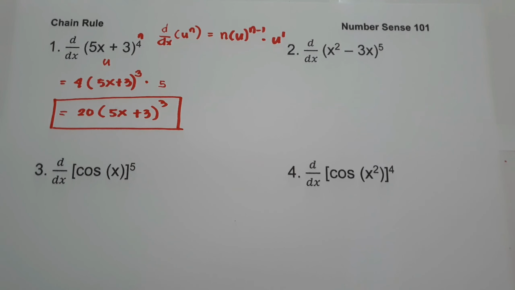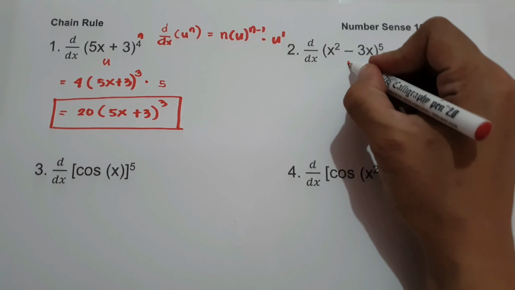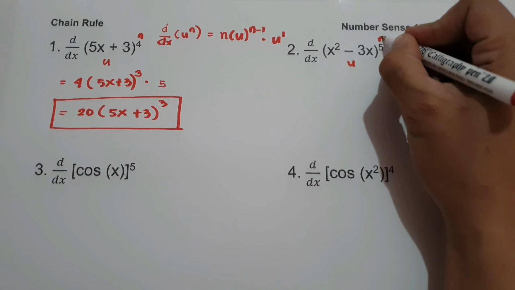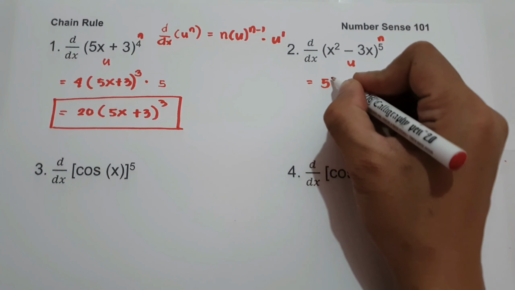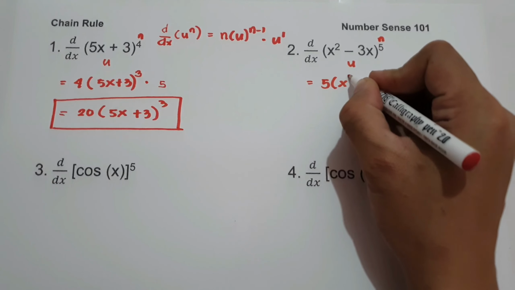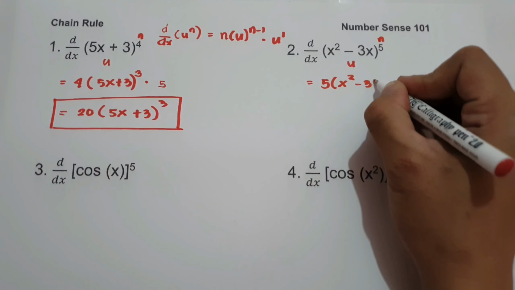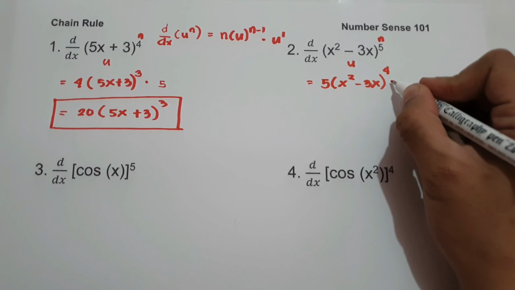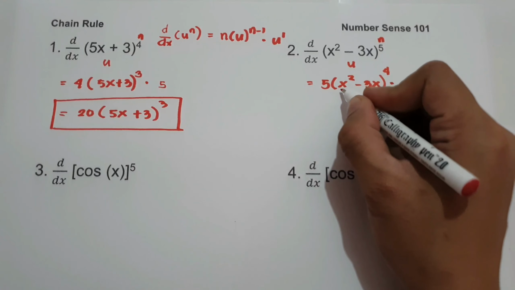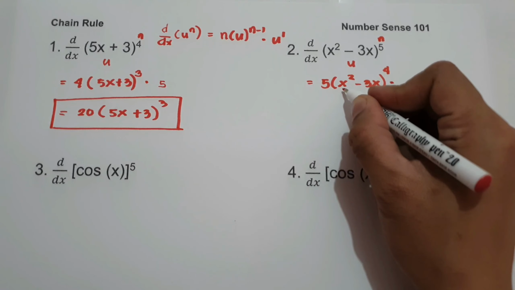On number 2, what is the derivative of x squared minus 3x raised to 5? So this will be the value of u, and 5 will be the value of n. So therefore, we are going to have n, that is 5, multiplied by x squared minus 3x, that is u, and then 5 minus 1, that is 4. And then let us find the derivative of inside, that is x squared.